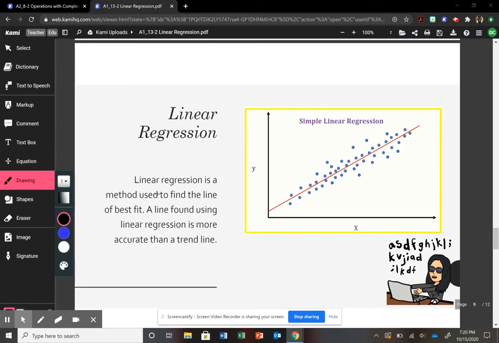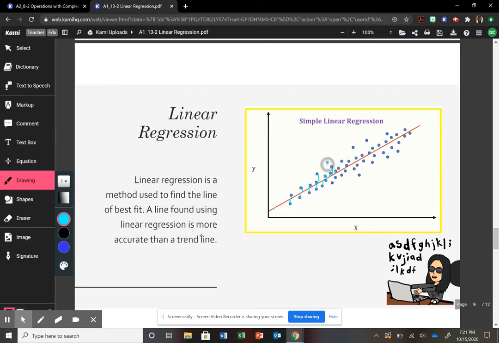Okay, so linear regression. Linear regression is a method used to find the line of best fit. The line found using linear regression is more accurate than the trend line, right? What we do with a linear regression is take the distance from each point to the line, and we're trying to find the smallest error possible.